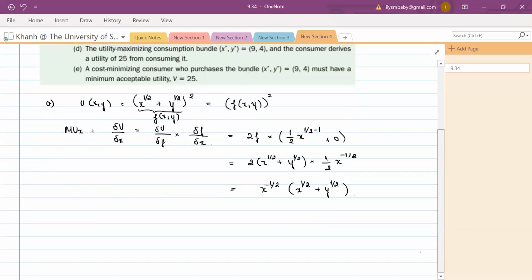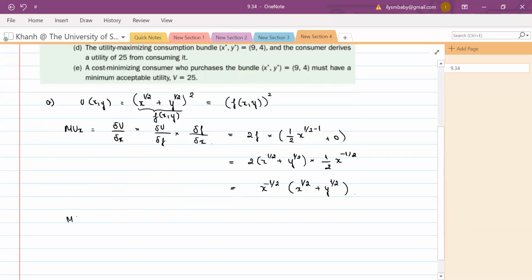We are going to do exactly the same thing for the marginal utility of y, which is just the differential of u with respect to y. Using the chain rule again, we get the differential of u with respect to f times the differential of f with respect to y. Again, differentiating u with respect to f, you get 2f. Differentiating f with respect to y, x to the power half becomes 0, and y to the power half gives half of y to the power negative half.